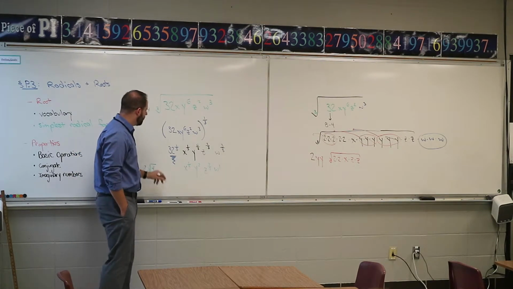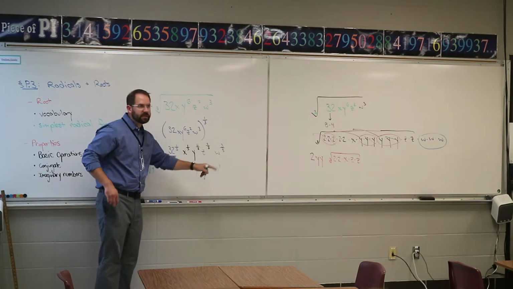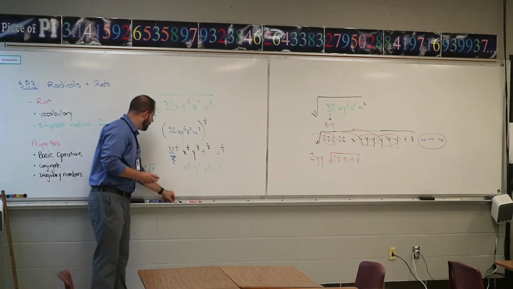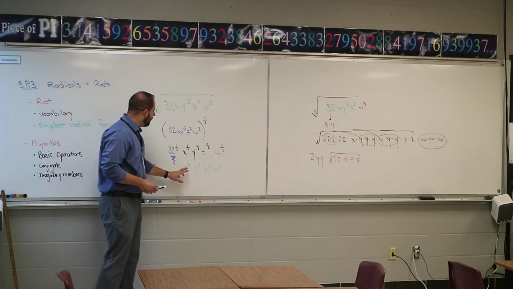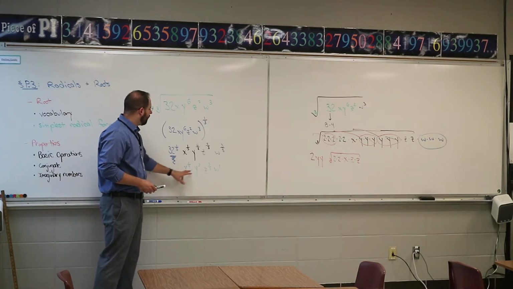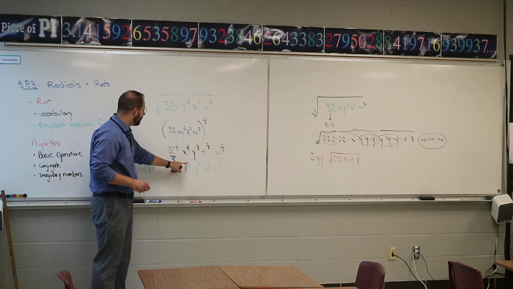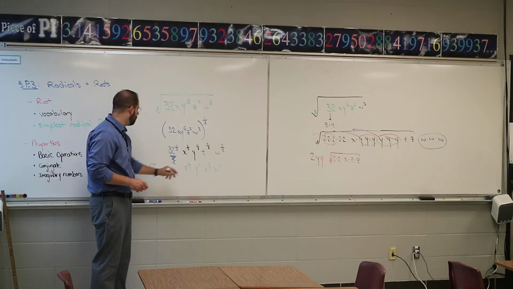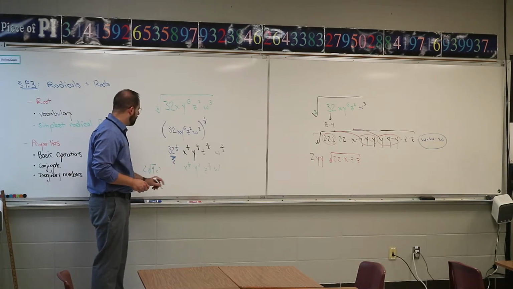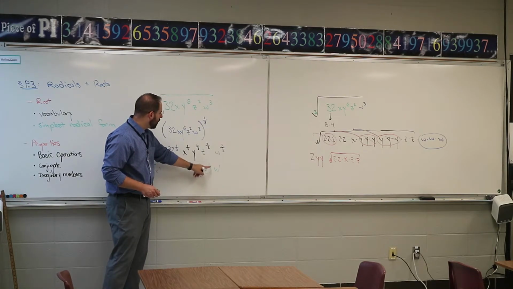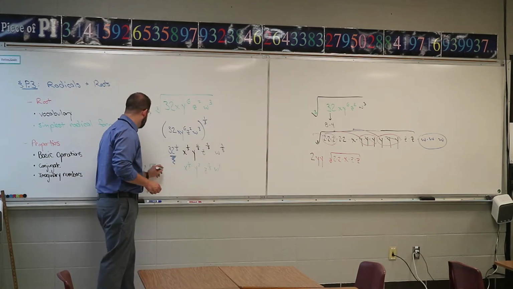So that's how I deal with the 32. But now you can see what your final answer is, because anything that has fractions are still under the radical sign. So like this x is to the first power and it's still in a radical. This z is to the second power, it's still in a radical.